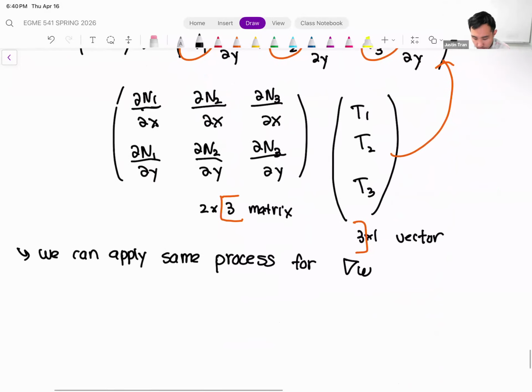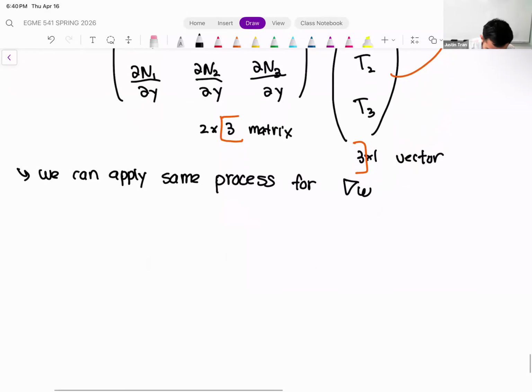They're all exactly the same. You're going to get a vector: partial W, partial X, partial W, partial Y, all with the same coefficients. And we can do the same thing where we factor out the W coefficients away from the shape function derivatives. So that's what this is all about: to isolate a matrix that just has the shape function derivatives and separate them out from the coefficients of the expression.